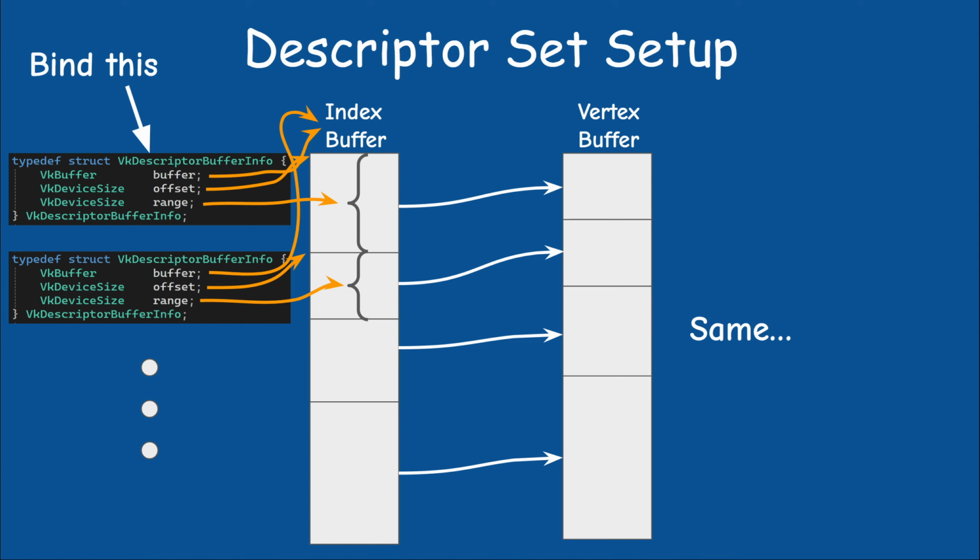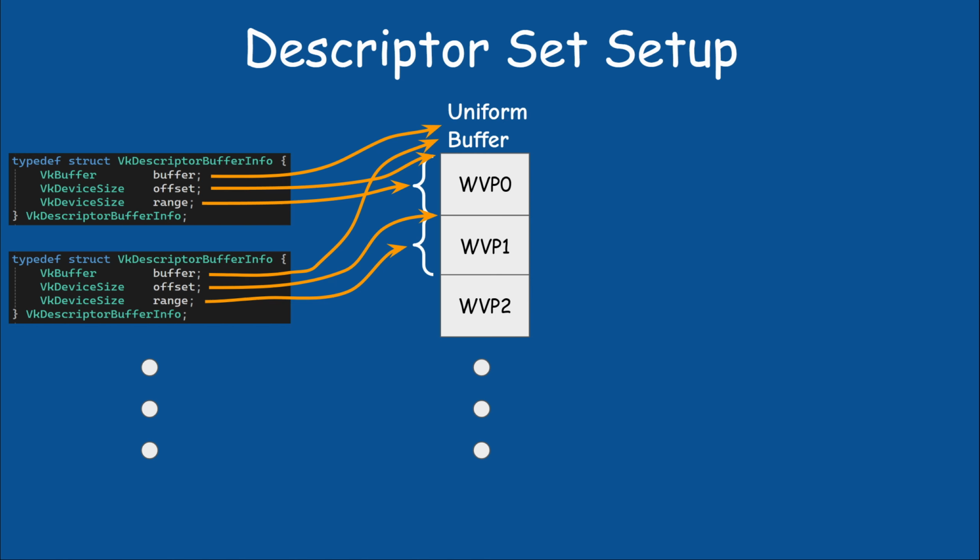Then we only need to bind the correct descriptor set for each mesh, and when the vertex shader pulls vertices and indices from the buffers, it will access the correct segments. And when it accesses the WVP matrix in its uniform buffer object, it will reach the correct transformation matrix in the uniform buffer.